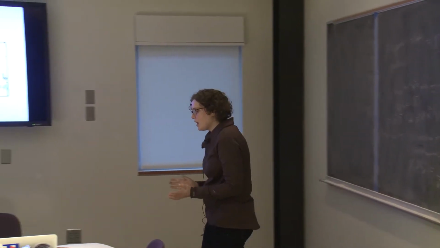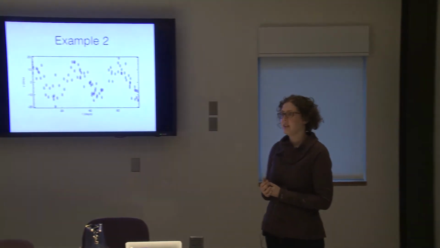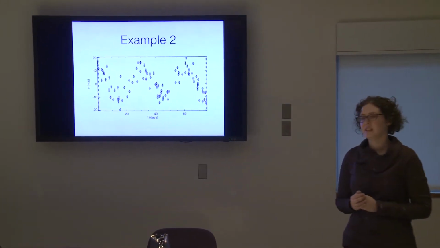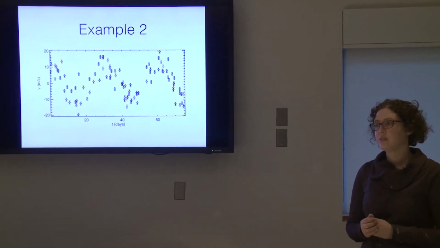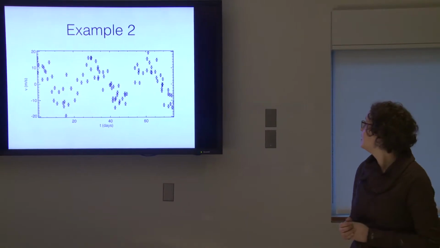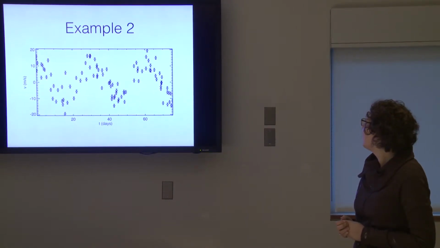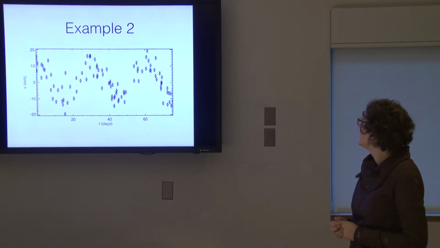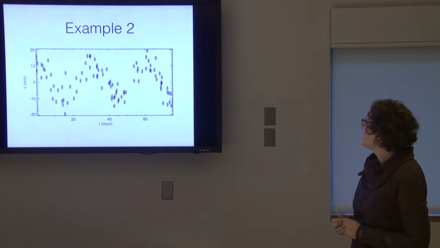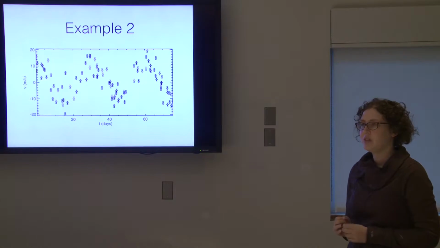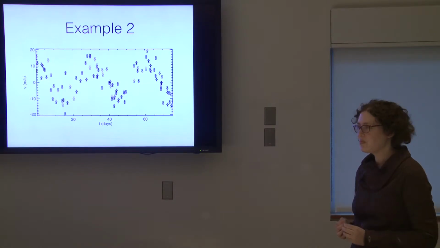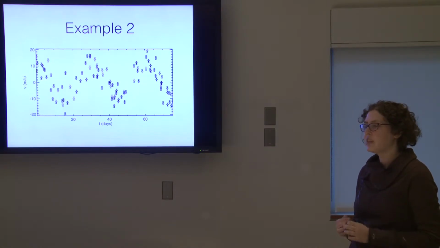Yeah, so what assumptions might be violated with this data set? So there's more variation in the beginning than at the end, maybe? I think that's just an illusion. Okay. But I think you're on the right track.